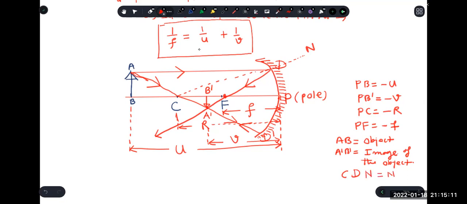This is the normal. This normal will decide the angle of incidence and the angle of reflection made at the same point D.